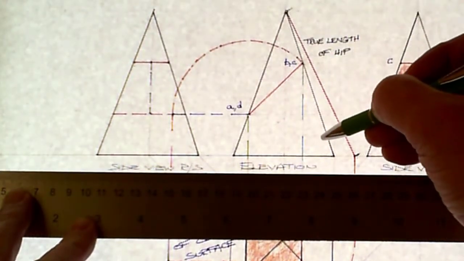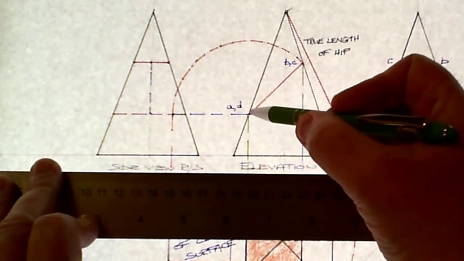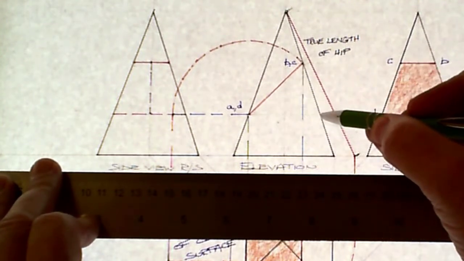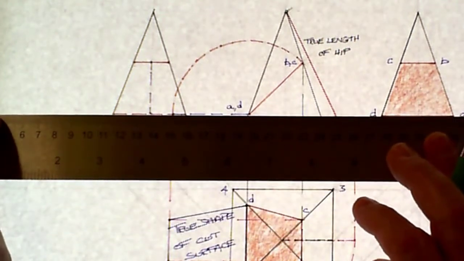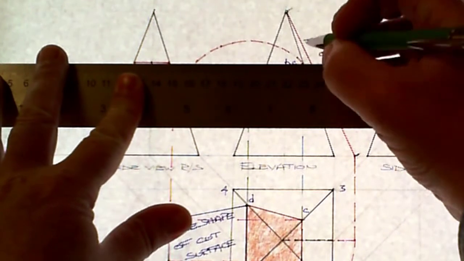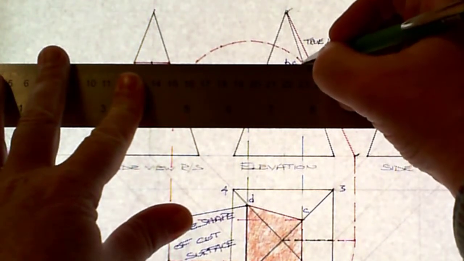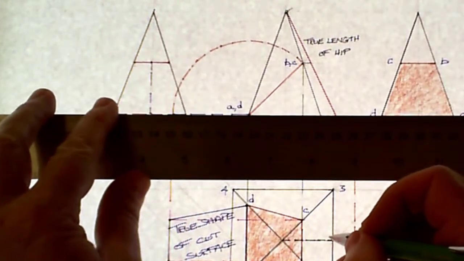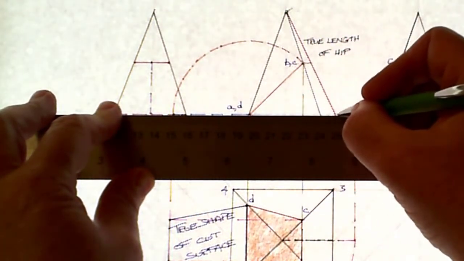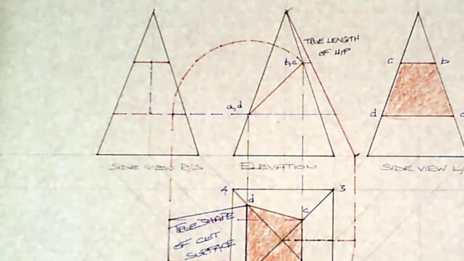This is where the cut is imposed on this point. So I want to bring this point here across to this point here as well. So BC I bring across, and AD I also bring across.